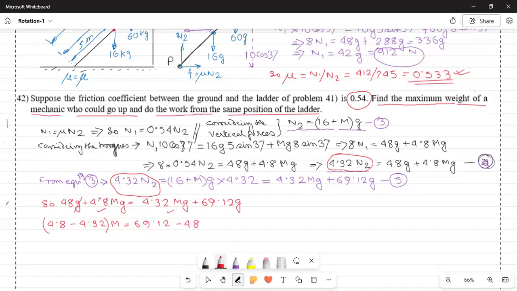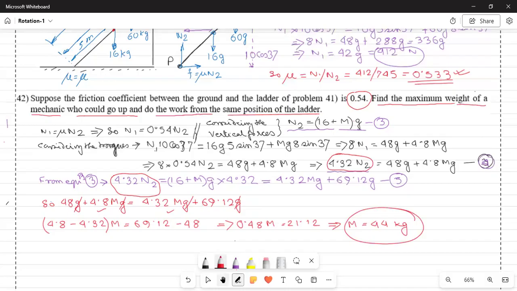So 4.8 minus 4.32 is 0.48, and 0.48 capital M is equal to 21.12. From here, you can find out M is equal to 44 kg.